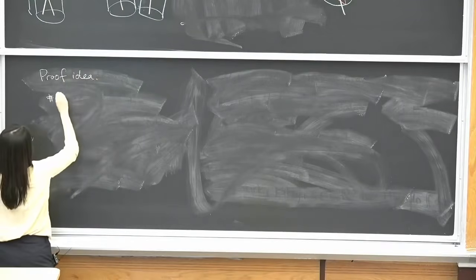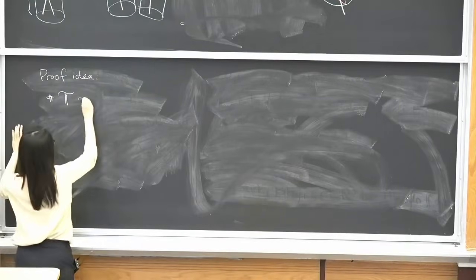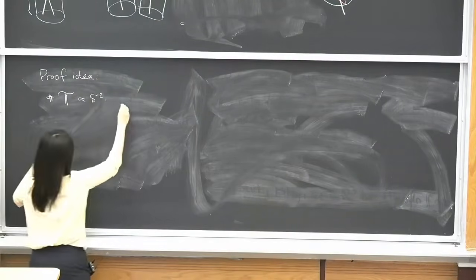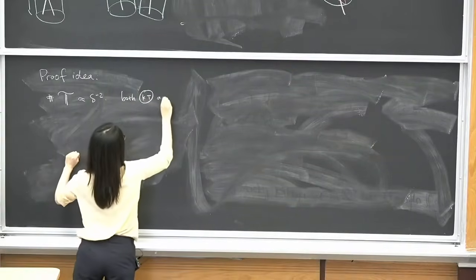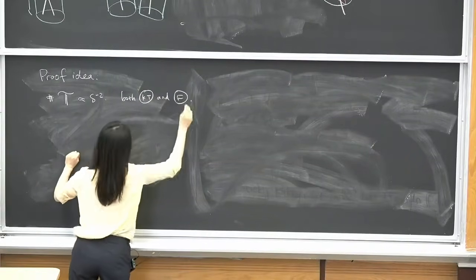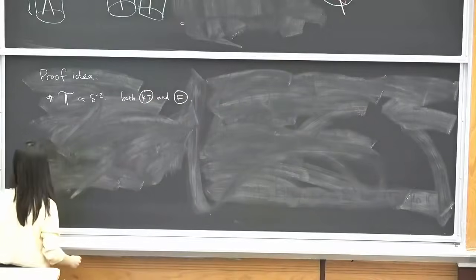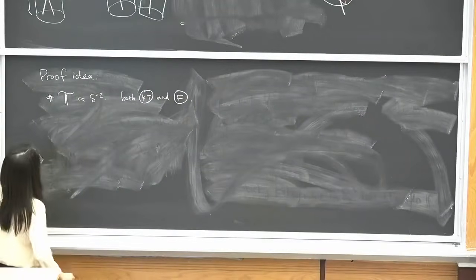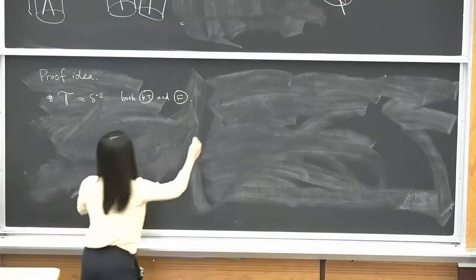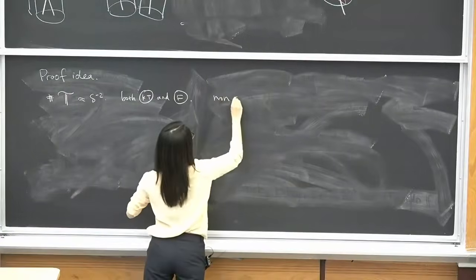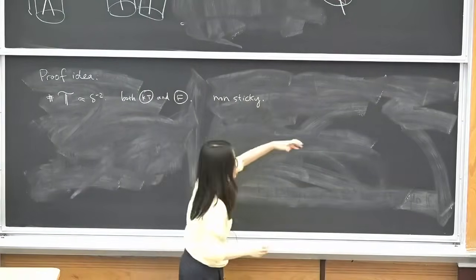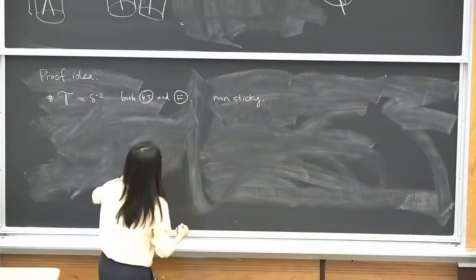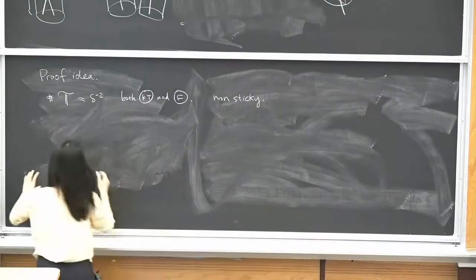Assume that the number of tubes is about delta to the minus 2, so it's both Cat-Tau and Frostman. Also, assume that it's not sticky. Otherwise, we are done.